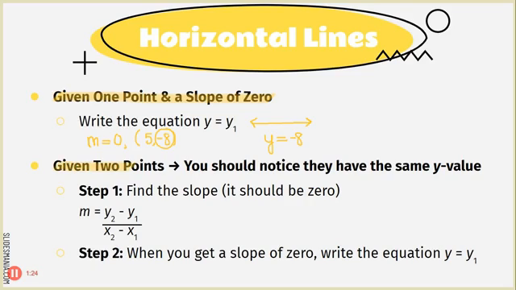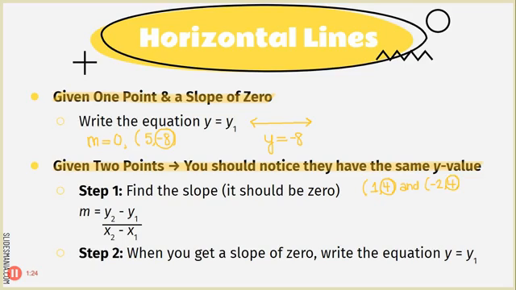If you are given 2 points, you should notice they have the same y value. If I were to give you something like 1, 4 and -2, 4, we should notice that both y values are 4.